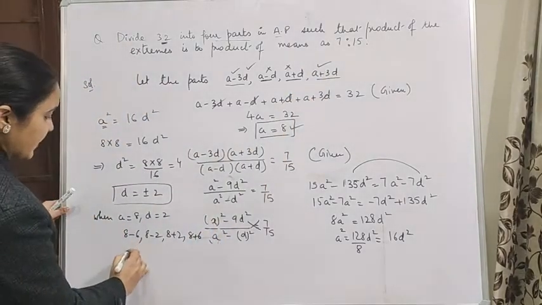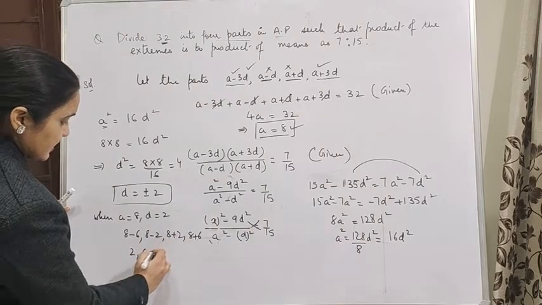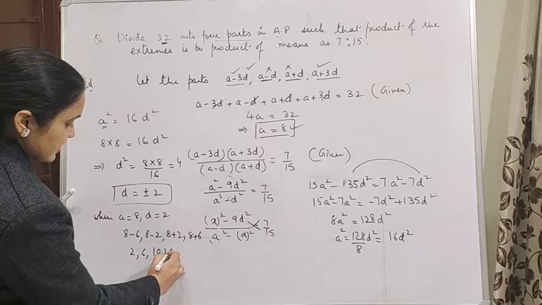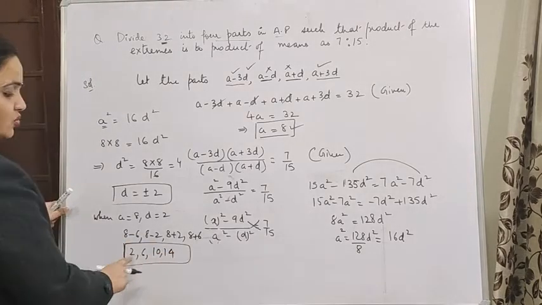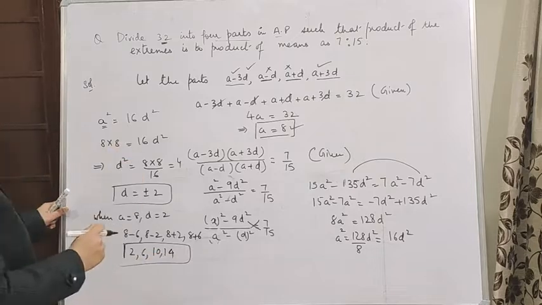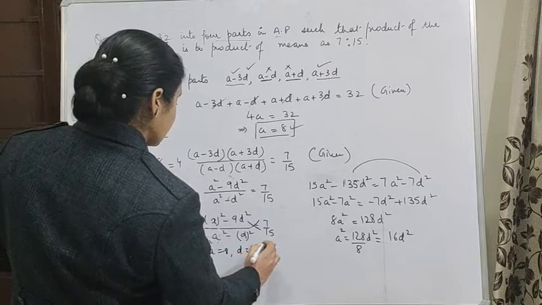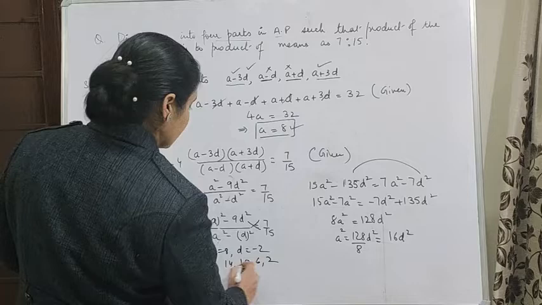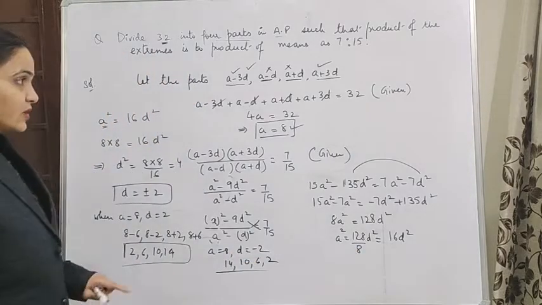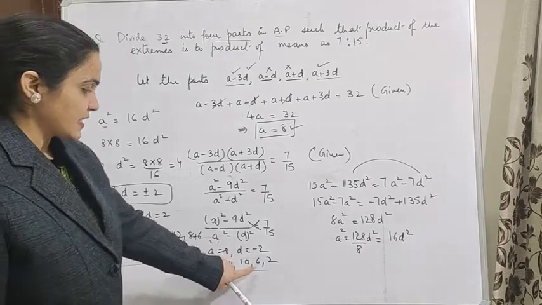So we have the numbers 2, 6, 10 and 14. And when we put A as 8 and D as minus 2, we will get the numbers as 14, 10, 6 and 2. Clear? So the 4 numbers are 14, 10, 6 and 2.